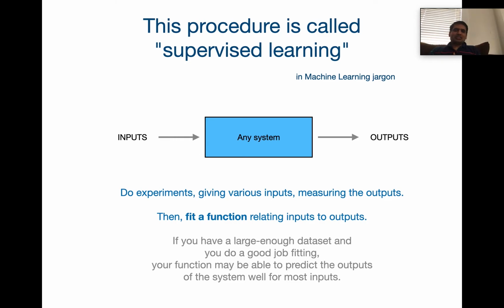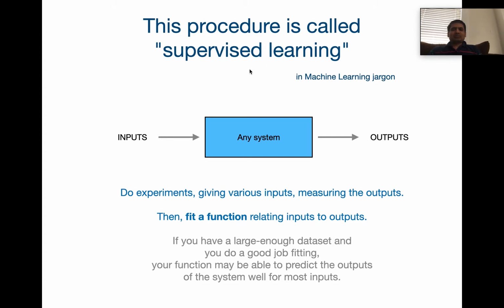This general procedure is what's called supervised learning in machine learning literature. You essentially follow the same procedure. What we are given or what we have are input-output pairs for lots of different inputs. So we have lots of input-output pairs, and then the goal is to fit a function that relates the input and the output. And this is basically called supervised learning.